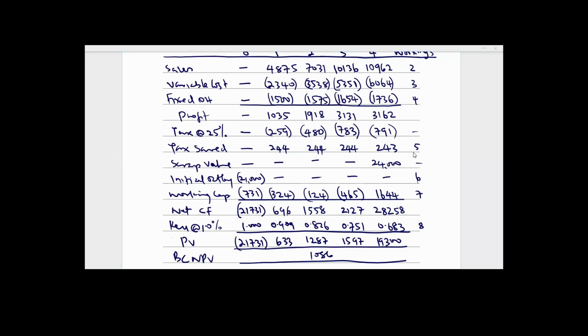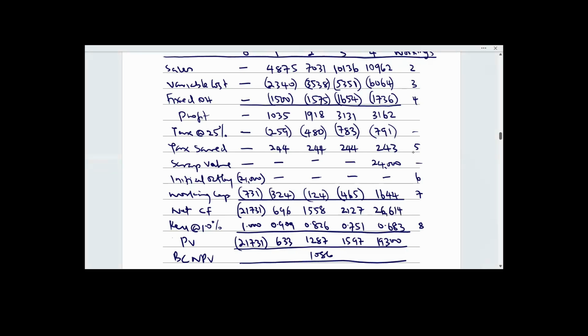Okay, so 3,162 minus 791 plus 243 plus 24,000 equals 26,614. Okay, this is not correct. It's not 28,258. Supposed to be 26,614. So the last one is not correct.